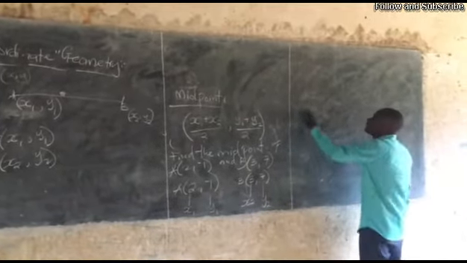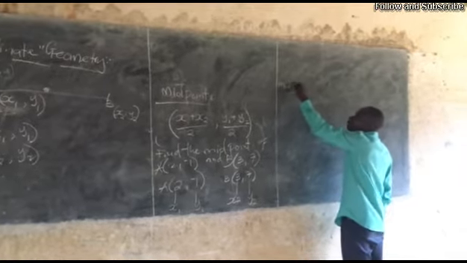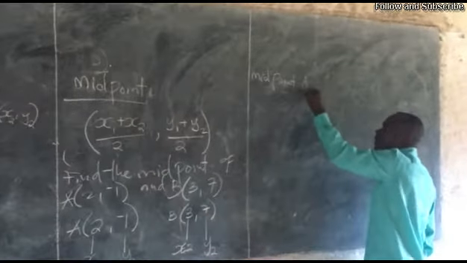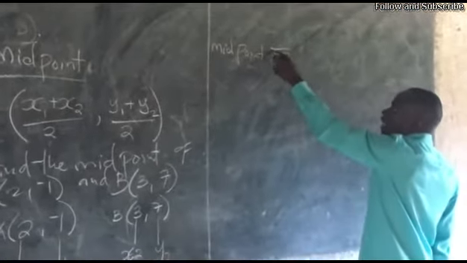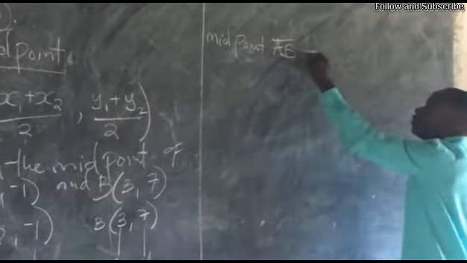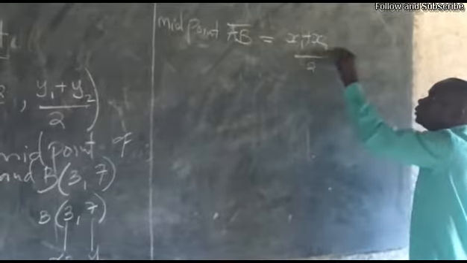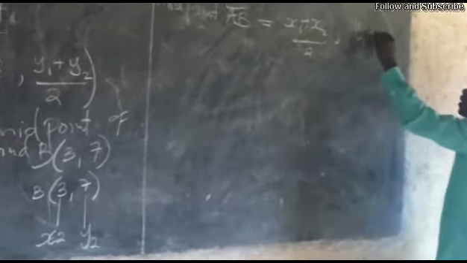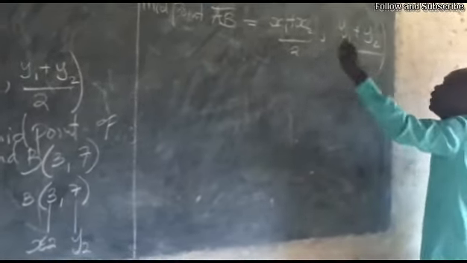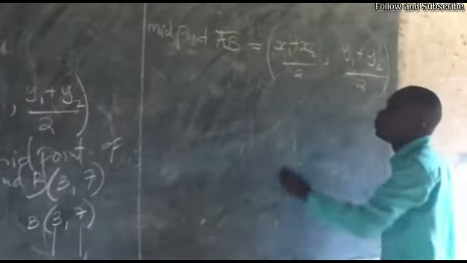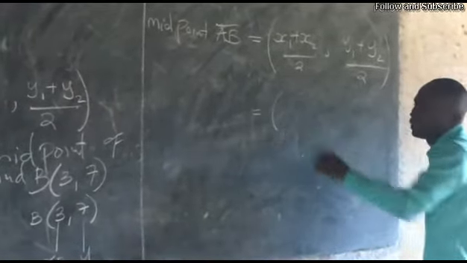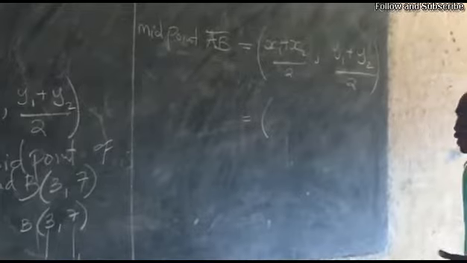a formula by writing midpoint AB, because the line runs from A to B, is going to be given as x1 plus x2 divided by 2, comma, y1 plus y2 divided by 2, then give it brackets. Then you will end up by saying the midpoint is to be given by, then go to x1.